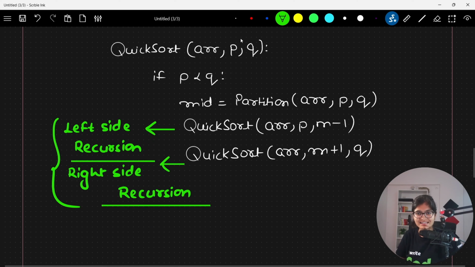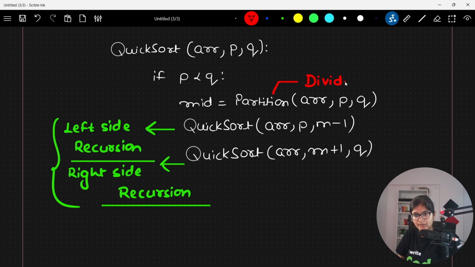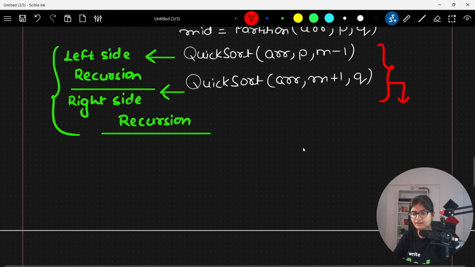So here if you will see, this is the dividing part. This is something which we can say is the conquering part.